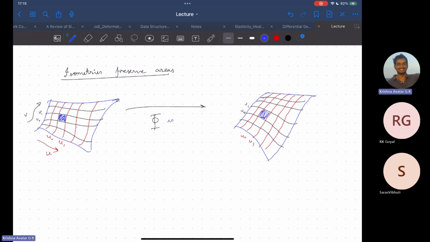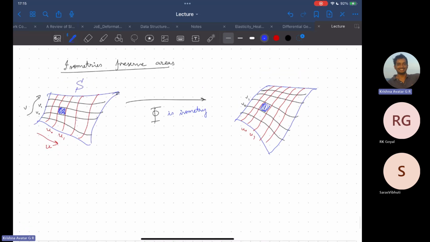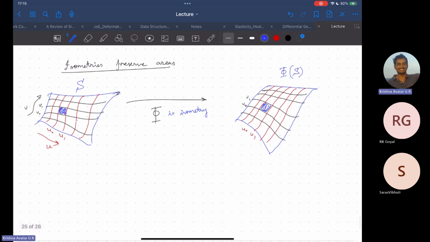And say phi is an isometry. Then if you call this S and this phi of S, right? Then the area of this patch, we can call this patch sigma.